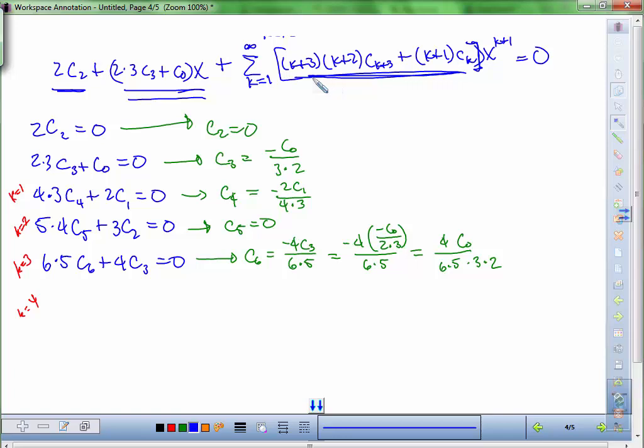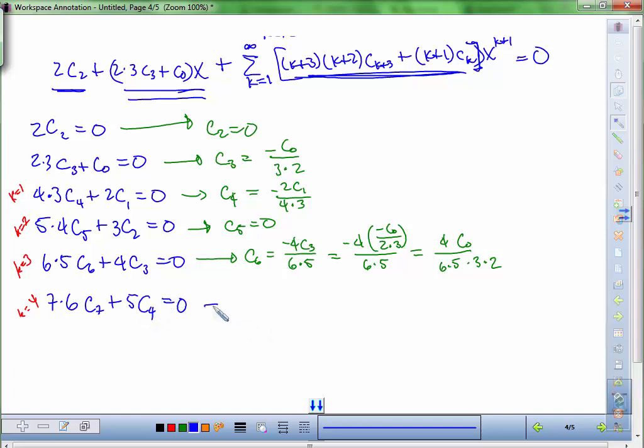So when k is equal to 4 in this series, we have 7 times 6 C7 plus 5 C sub 5, C sub 4.